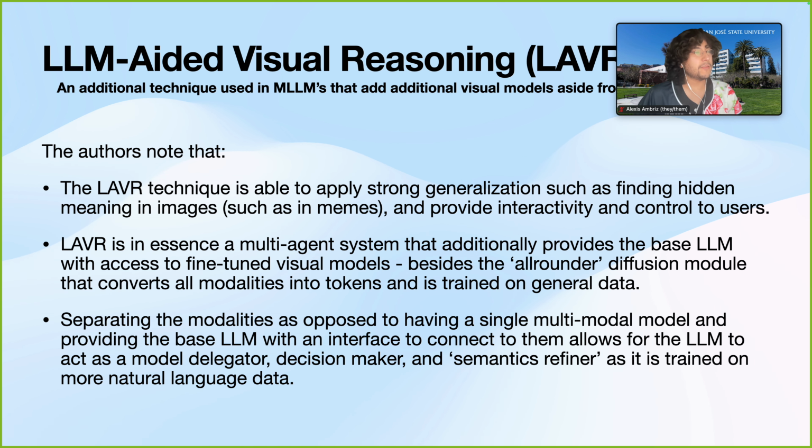And in the LAVR technique, they have visual models trained for different tasks for the visual modality. This is an improvement to the original method, which uses the single base LLM with a diffusion module, because the base LLM is serving as an all-rounder and handles all the data from all the modalities using its text tokens.